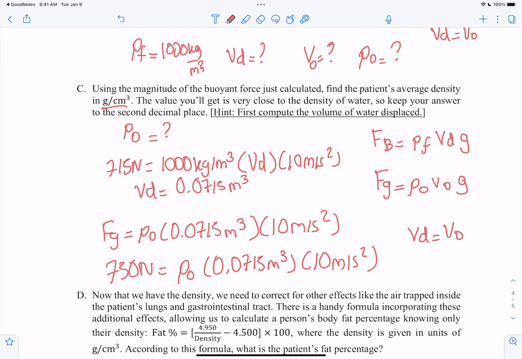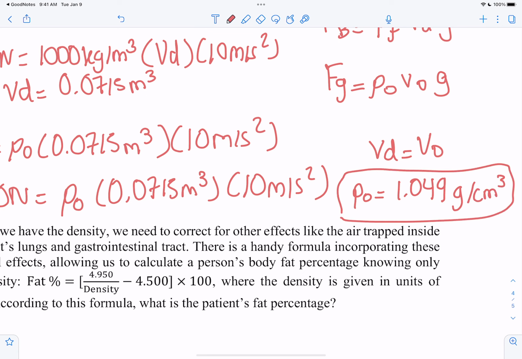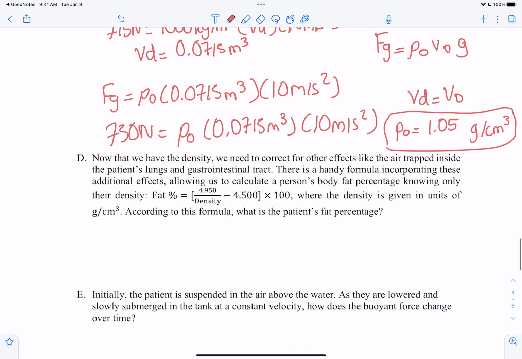So you should end up with a density of the object equal to 1.049 grams per centimeter cubed, which would be equal to 1,049 kilograms per meter cubed. Since they want us to keep it to the second decimal place, this should just be 1.05 grams per centimeter cubed.